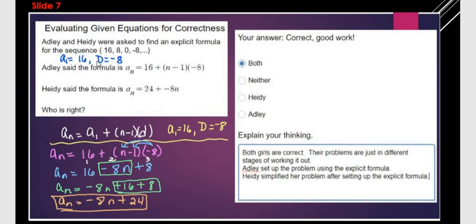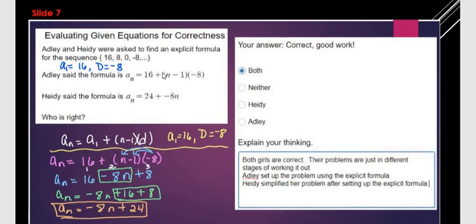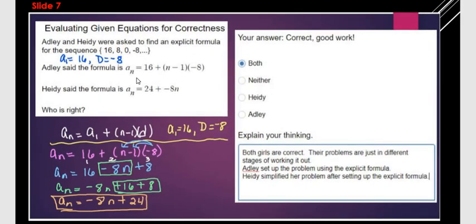So Adley set this up in the explicit formula, which is right here. And Heidi said, well, this is what she got. So we're going to work this out, and we're going to use a sub 1, the first term, which is 16, and d, the common difference, which is -8.